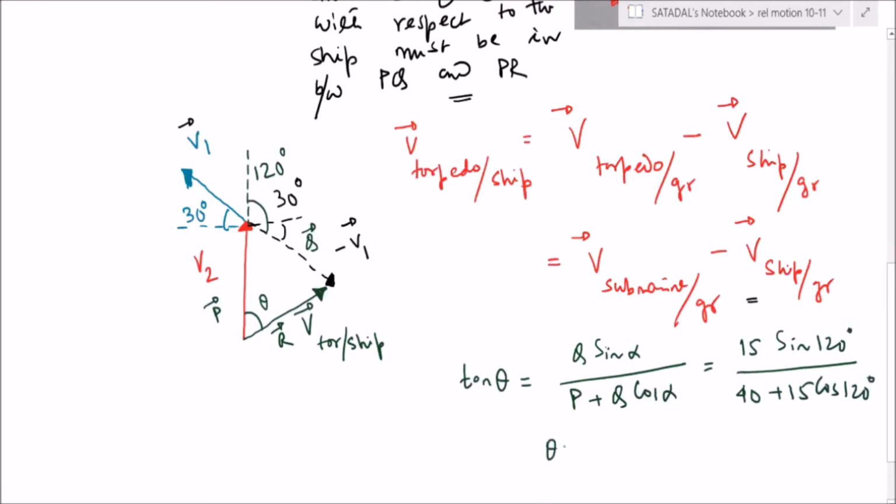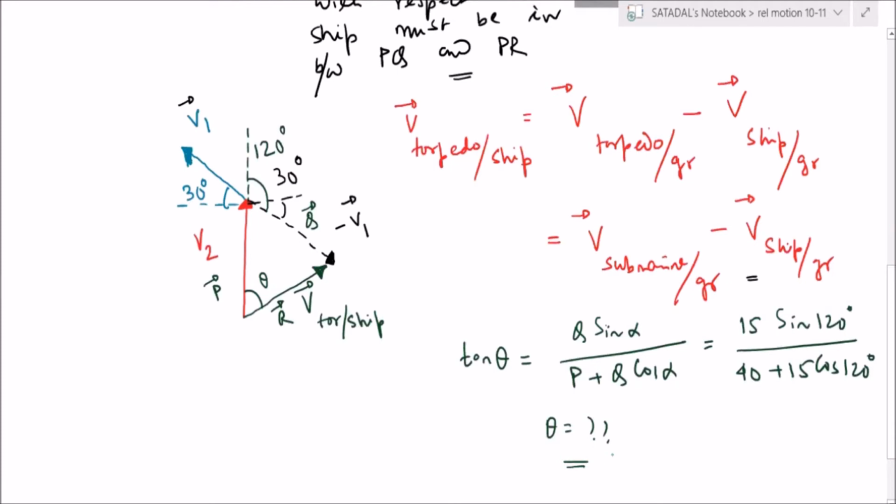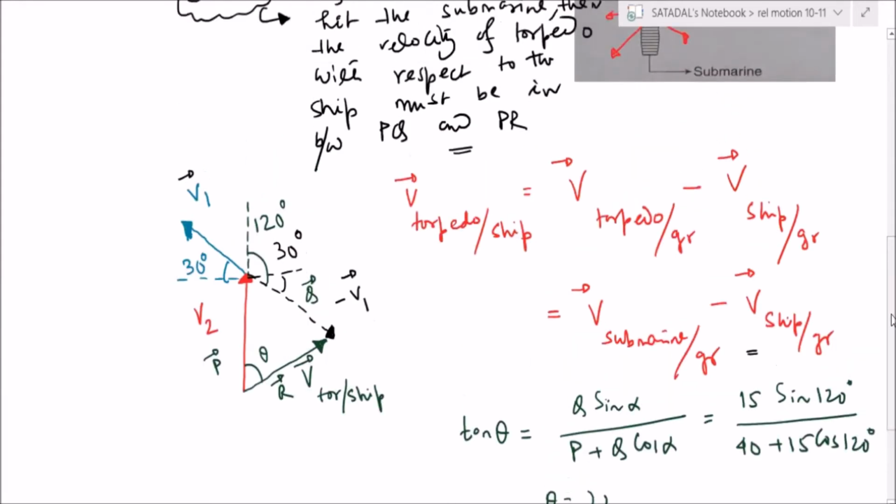From there you will get the value of theta. If you tally that value of theta with the given value, you can get the answer. Right? Okay. Fine.